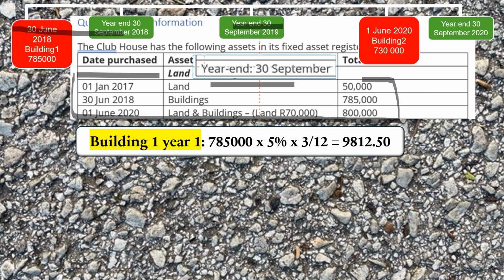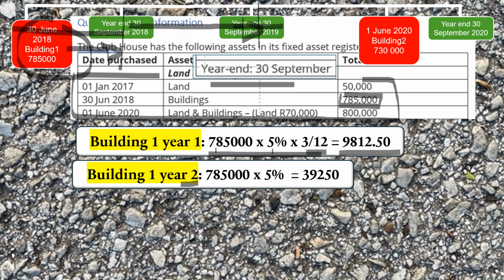Building 1, year 1. Up until year 1, we had it for 3 months. It was 785,000. There it is, times 5%, times 3 over 12, 9,812.50. Then we had building 1 for a full year until there.